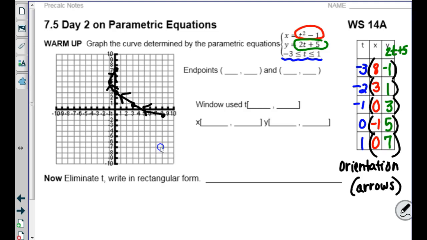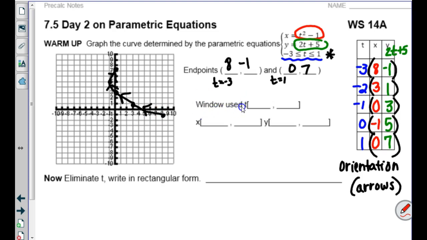So where were the endpoints at? Yes, they occur when t is -3 and when t is 1 because of this statement right here. And then they are actually the xy ordered pairs, so 8, -1, and 0, 7 in any order. You don't have to list them in a particular order, and you really don't have to write the t business underneath.